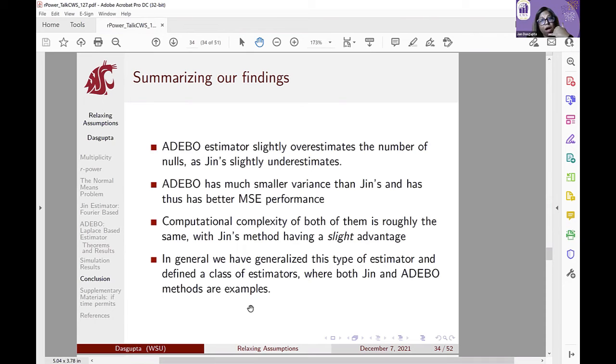However, we do have to point out that the Audible estimator is a double integral, and we're integrating over the real plane. We are using the Laplace transform, which is not as easy to deal with as the Fourier transform, especially since the Fourier transform and the characteristic function go together. So yes, the computational complexity is higher in the Audible estimator.